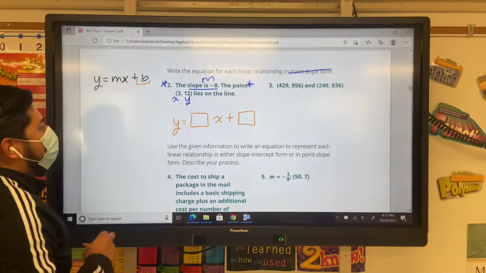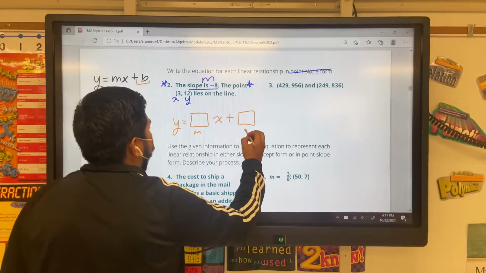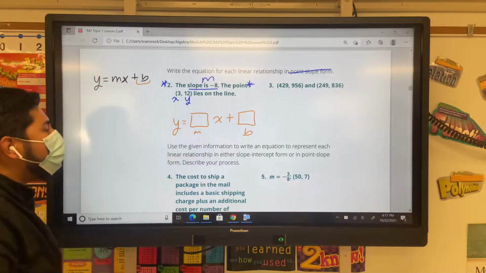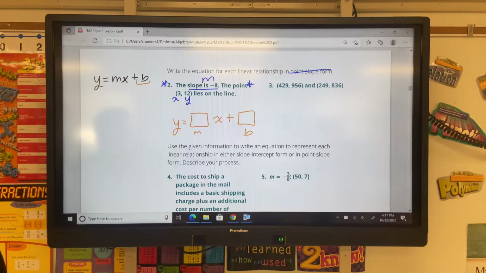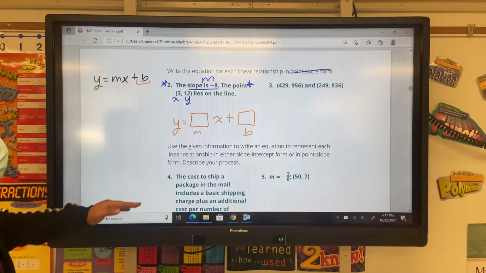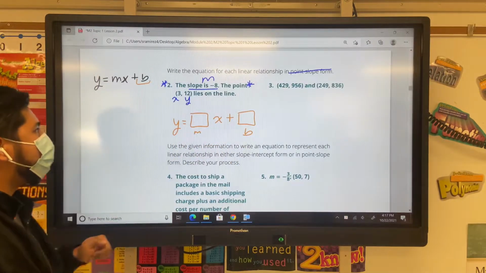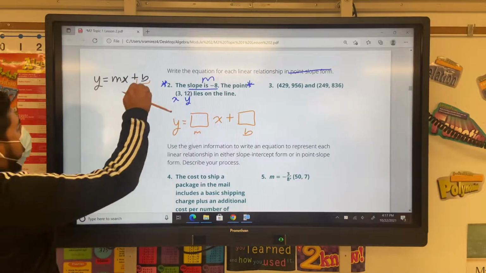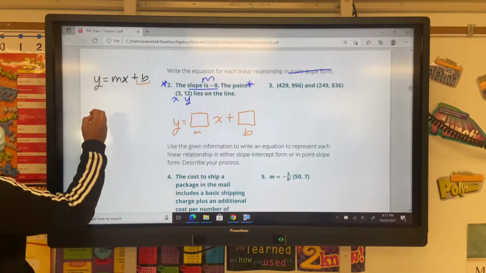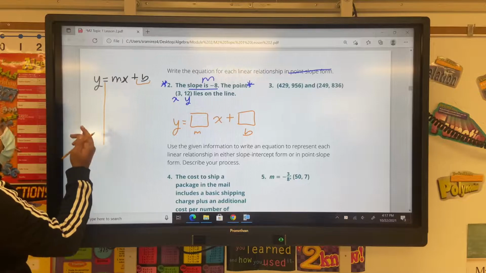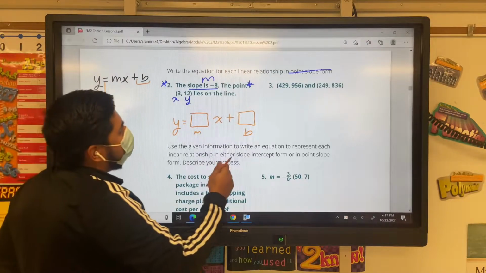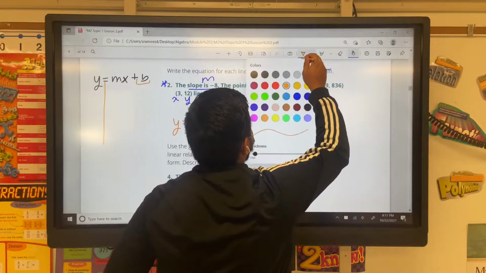This is what I want, so I can label my m and my b. Now, once we solve, you should be able to always identify who is who all the time. We will solve using these three numbers. First off, make my border. Left side, right side. Change the color.